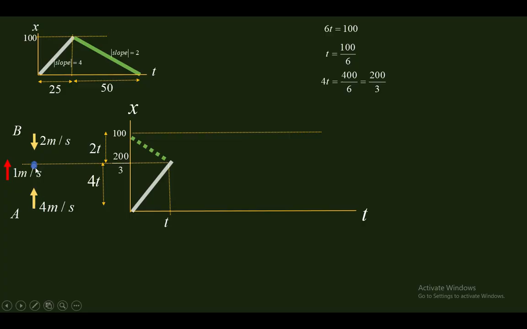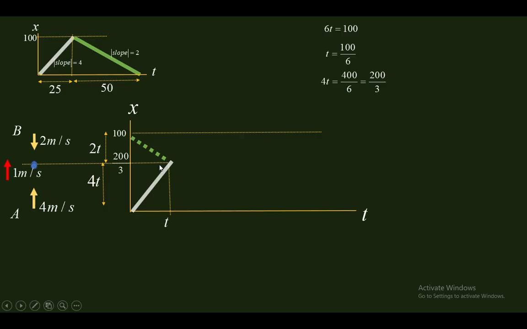In short, both these velocities get interchanged after they meet. So 2 meters per second is given to A while 4 is given to B. So this line, which was indicating a velocity of 2 meters per second, after the meet will be the line of A, while this line will be the line of B.